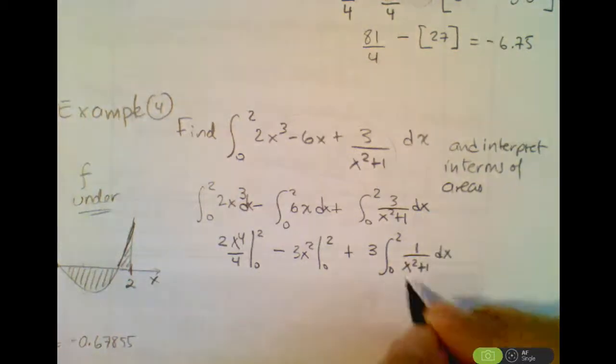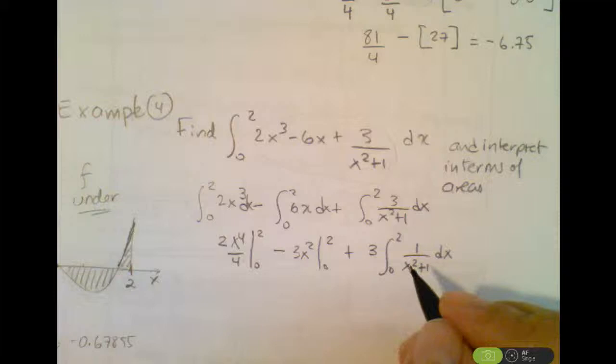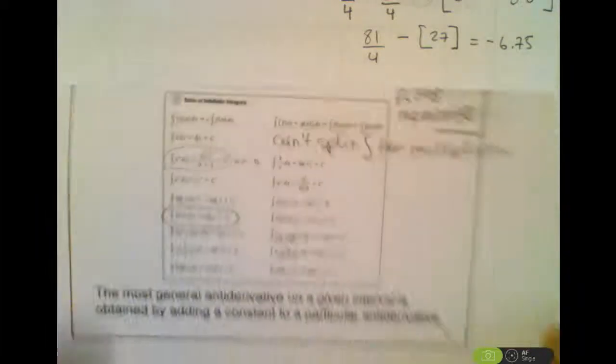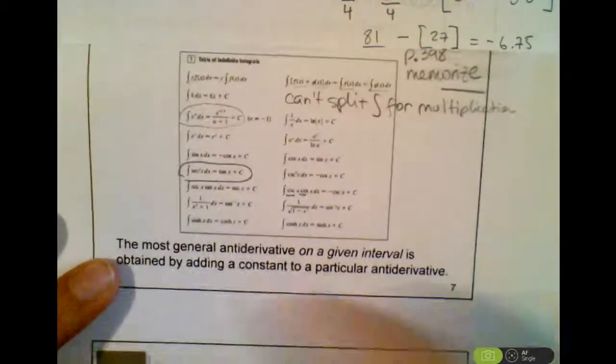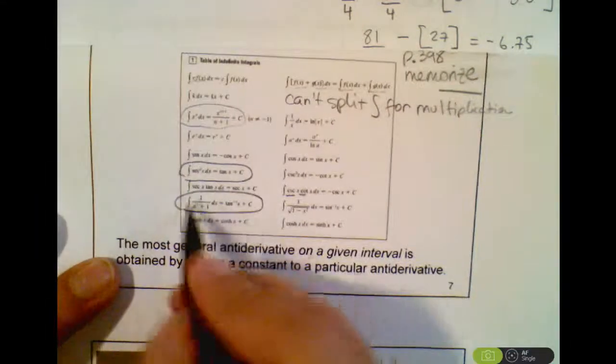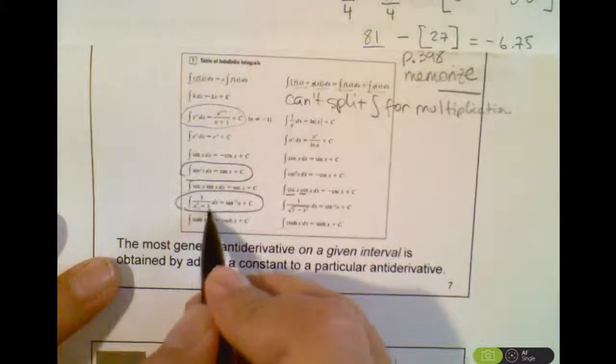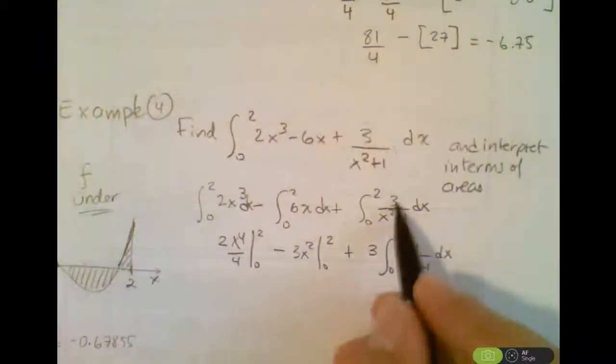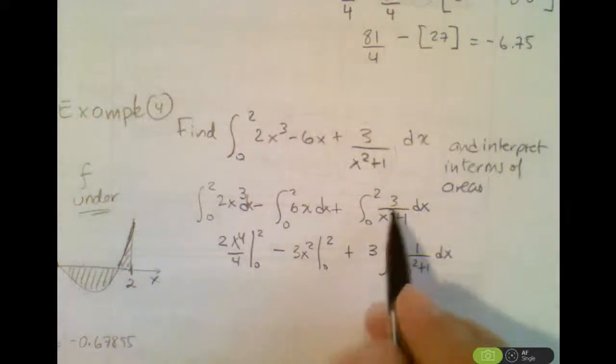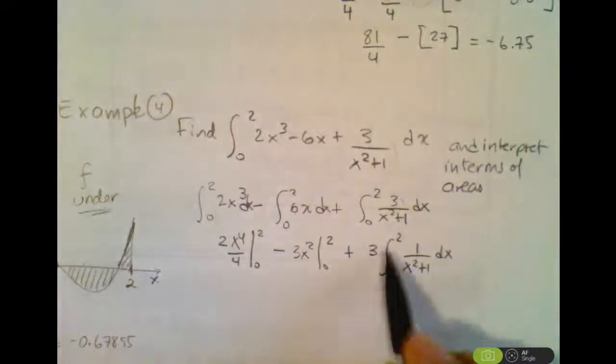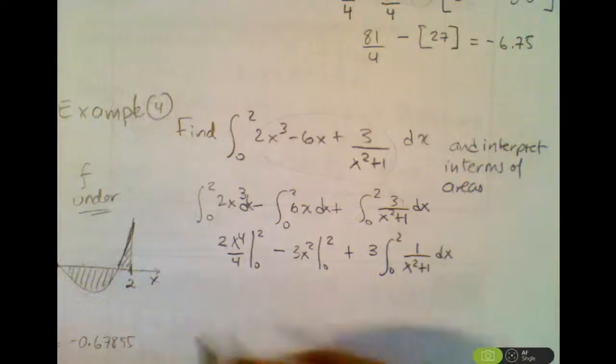This is not a power of x, so I'm pretty confident that I'm going to be able to find some formula here. And I have it right here. The integral of 1 over x squared plus 1 is arctangent of x. But because it had the 3 in front, I needed to acknowledge that 3 is the same as 3 times 1, so I can bring the constant outside the integral by properties.